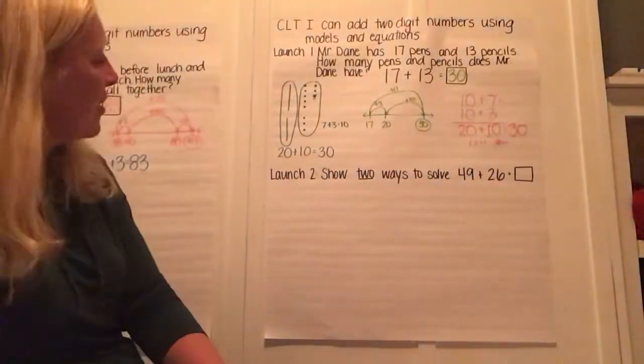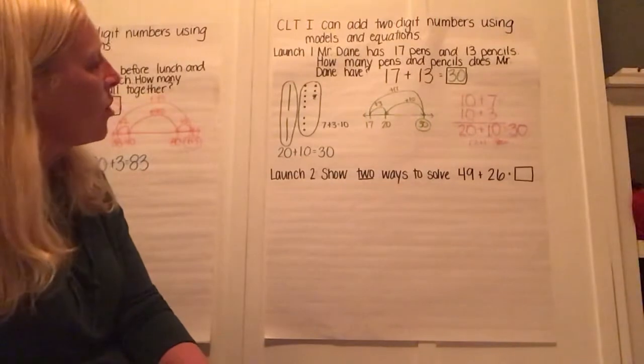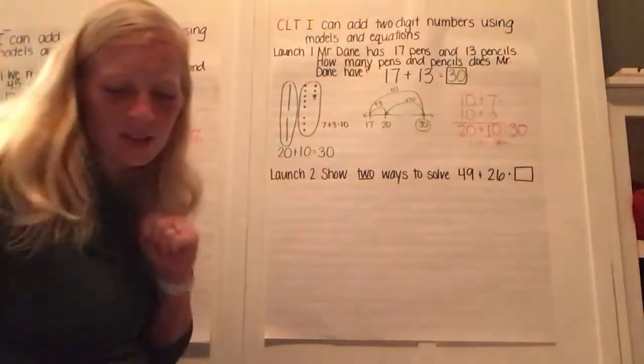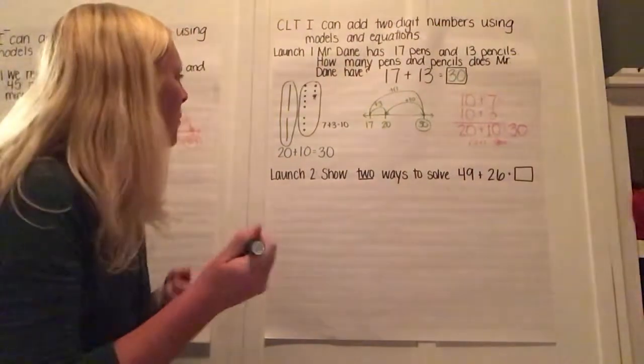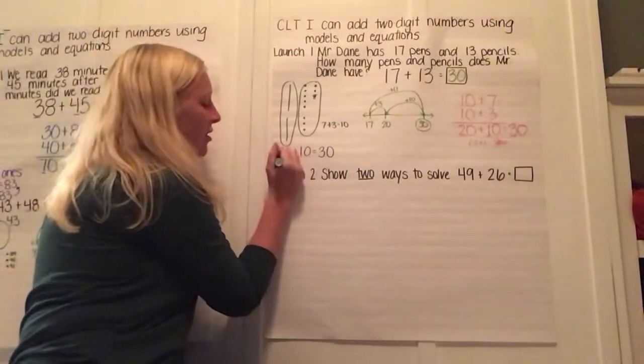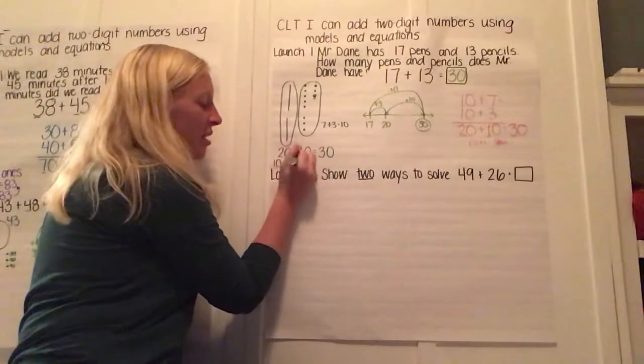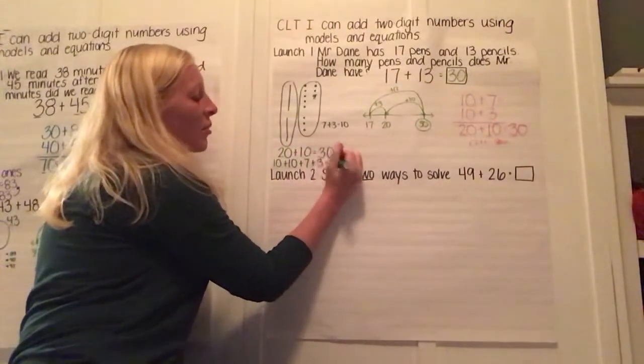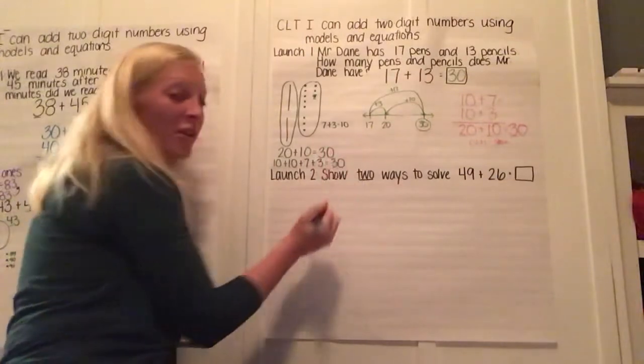When we're adding these numbers together, what would be a longer equation to show the steps that we took to do this work? So this friend, 10 plus 10 plus 7 plus 3. Still got 30, right?